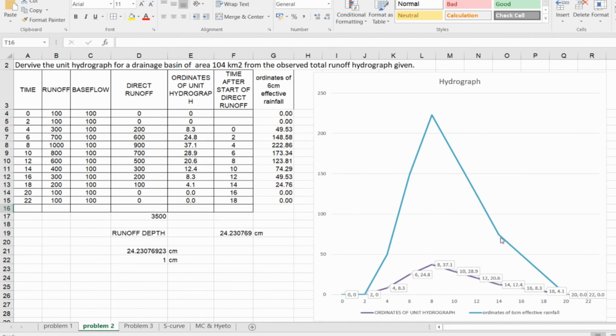Now this is a curve representing the ordinates of the discharges in the case of 6 centimeter of effective rainfall. Like this you can keep on calculating discharges or peak discharges, or you can also find out the time period after which it stops. Okay, right. This is the advantage of the unit hydrograph. So if you have any doubt about the unit hydrograph, you can ask me the question. Okay, thank you.